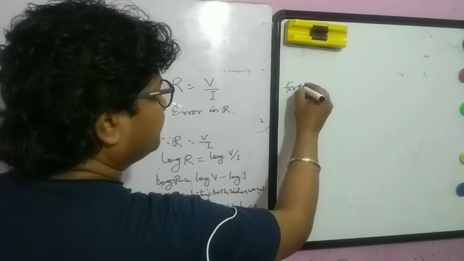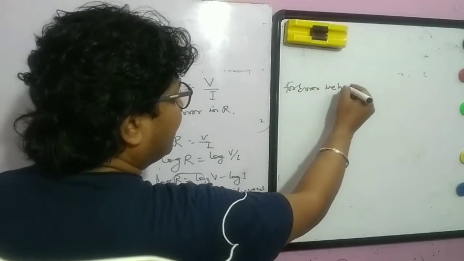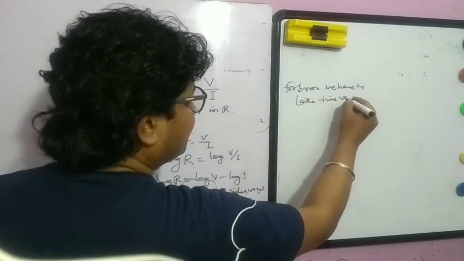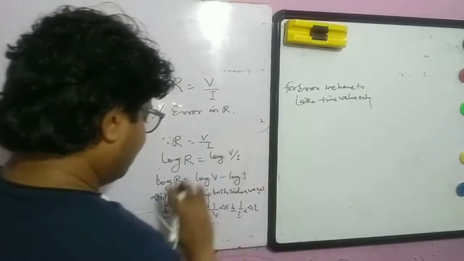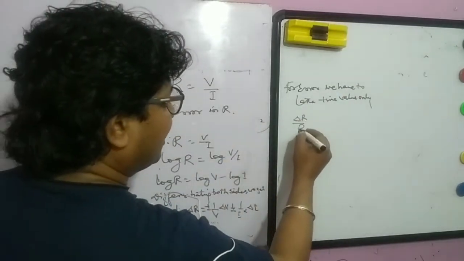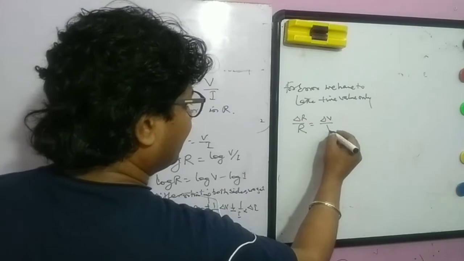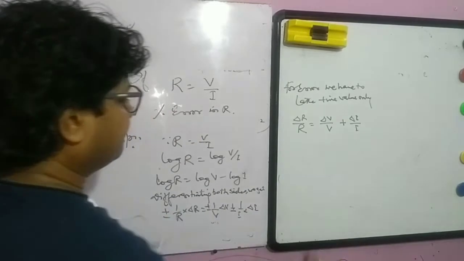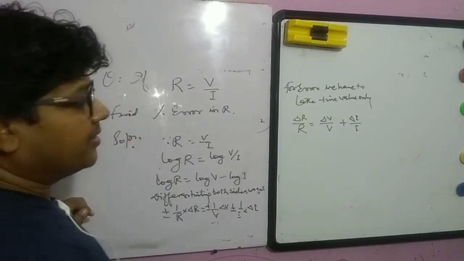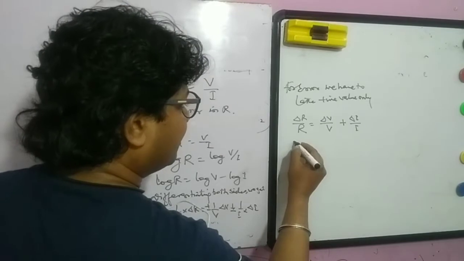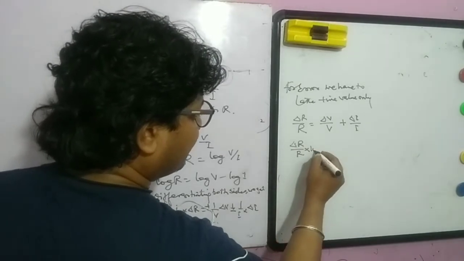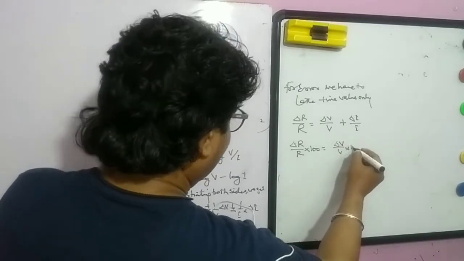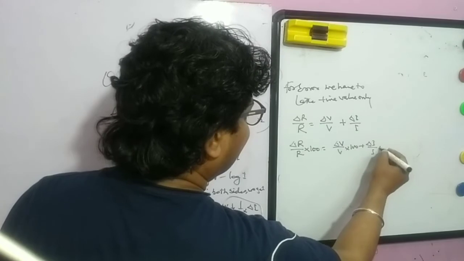So for error we have to take positive values only. We can write delta R by R is equal to delta V by V plus delta I by I. If we multiply by 100, delta R by R into 100 will be equal to delta V by V into 100 plus delta I by I into 100.